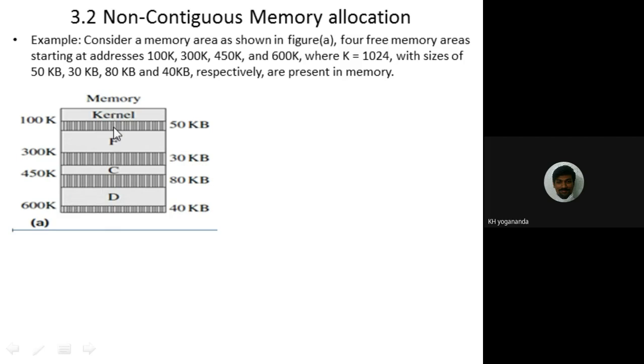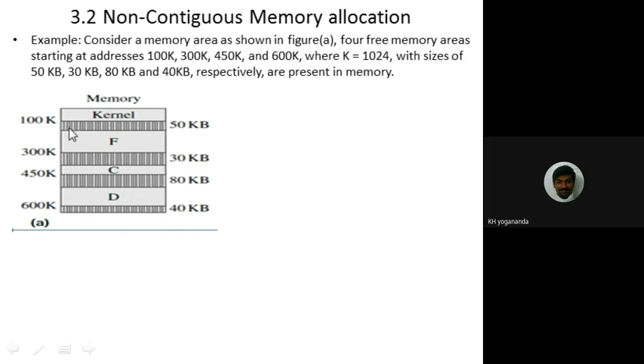Between kernel and F there is a box which has straight lines, meaning this area is free. Between F and C there is another box which has straight lines, meaning that area is free. Between C and D there is another box with straight lines, meaning this area is free. Below D there is a box with straight lines, meaning this area is unallocated and free.